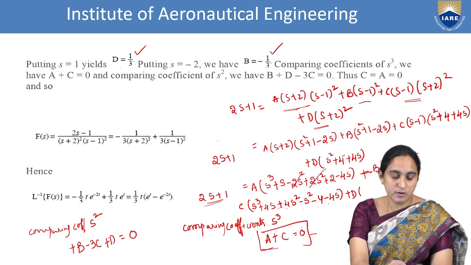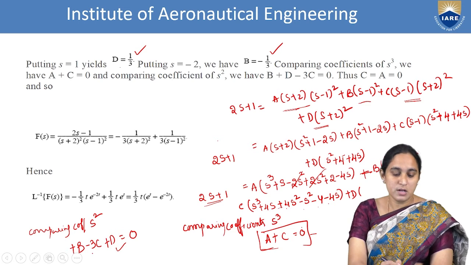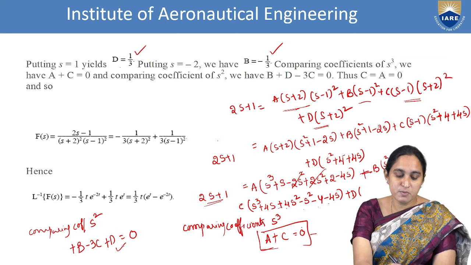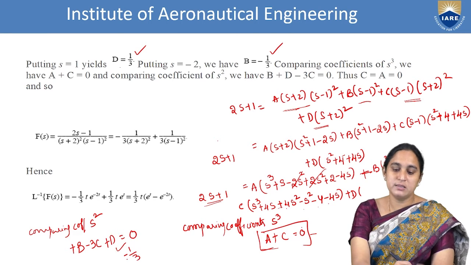From that, what we know here: D value we know, and remaining B value also we know. Now substitute here. What is B value? Minus 1 by 3, plus 3 into C, plus what is D value? Plus 1 by 3.